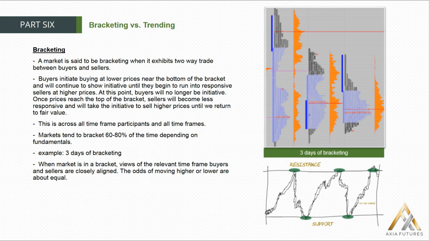So what we're going to talk about in part 6 is we're going to focus on, firstly, bracketing and trending markets. We're going to spend a little bit of time just understanding this principle, and I'm going to point out why it's absolutely crucial that you can define when markets are both trending and bracketing. We're then going to talk about a little bit of trade location and why it's important to understand that the price where the market is trading, based on where it has come from, is crucial to understand.